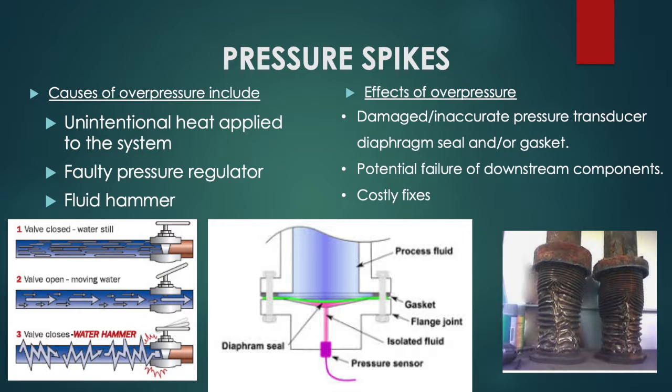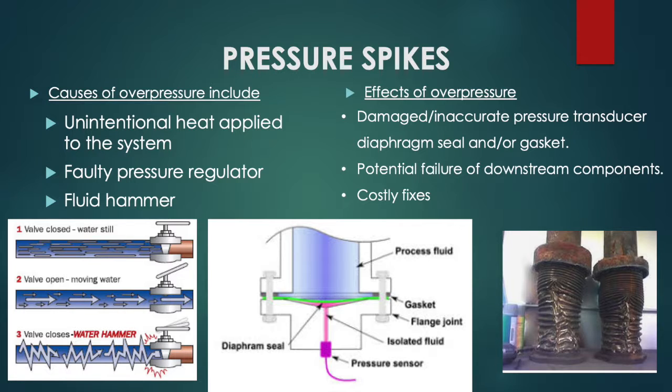To the right, we have the effects of overpressure. That means a damaged or inaccurate pressure transducer, which could be caused where the diaphragm seal and/or gasket is damaged. If you look at the center picture, this is what it would look like, a typical picture of a transducer, where this seal is the thing that is protecting the transducer itself. If the gasket or anything is damaged, it's basically ruined.